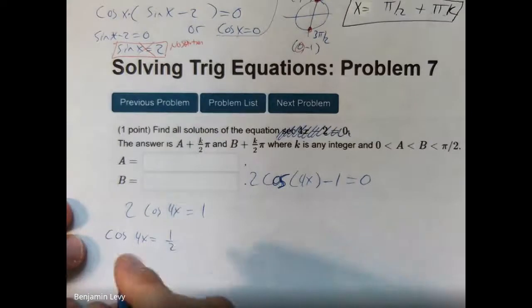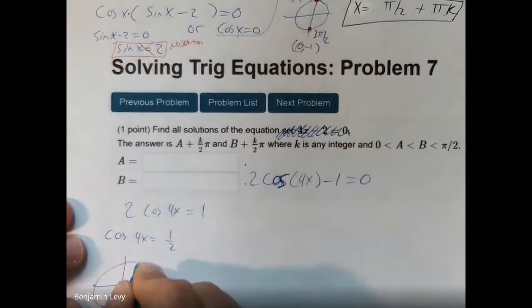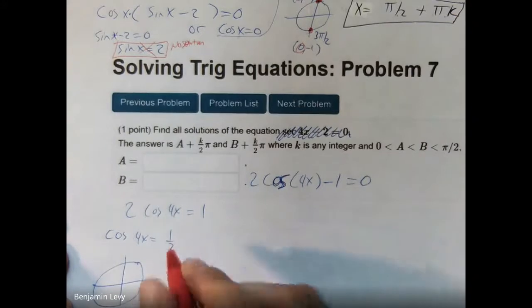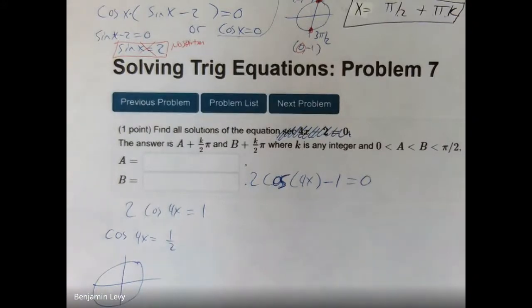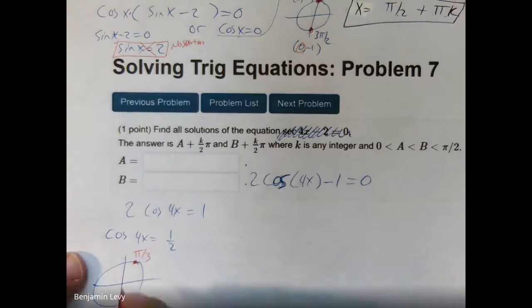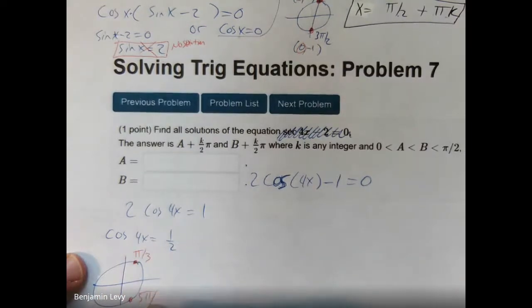And so now we're thinking, where is cosine 1/2? We want this to be an x value, and we want the x value to be 1/2. And that happens at pi over 3 spots, right? So it could be pi over 3, or it could be 5 pi over 3.